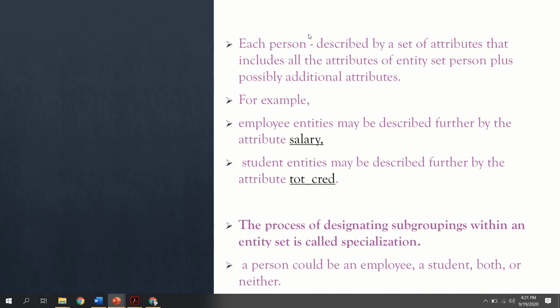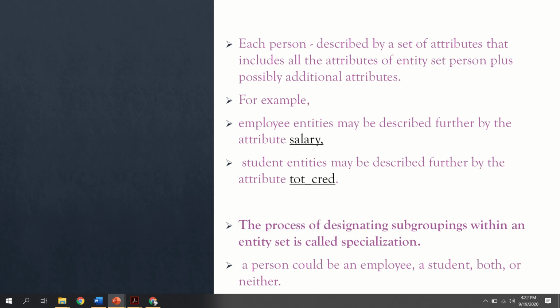These are the 2 properties which differentiate the groups, each available only to its group. The employee will have an attribute called salary.